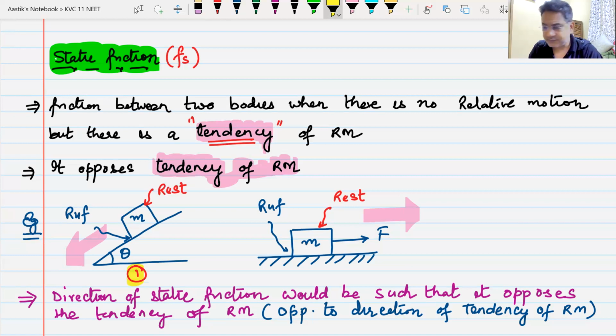It's a simple question. It wants to move down. It is not moving down. Something is stopping it. Static friction is stopping it. What is the direction of static friction? I'll give you time. Think about it.